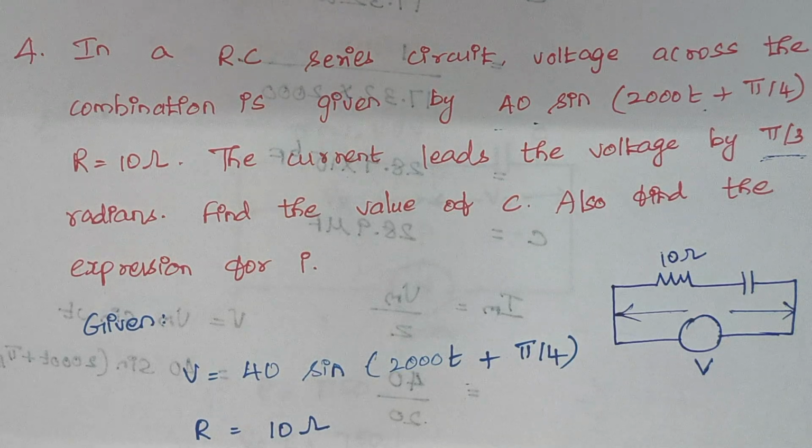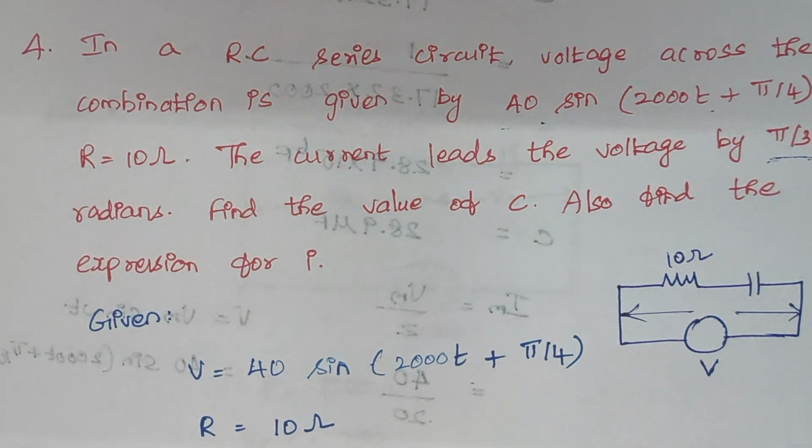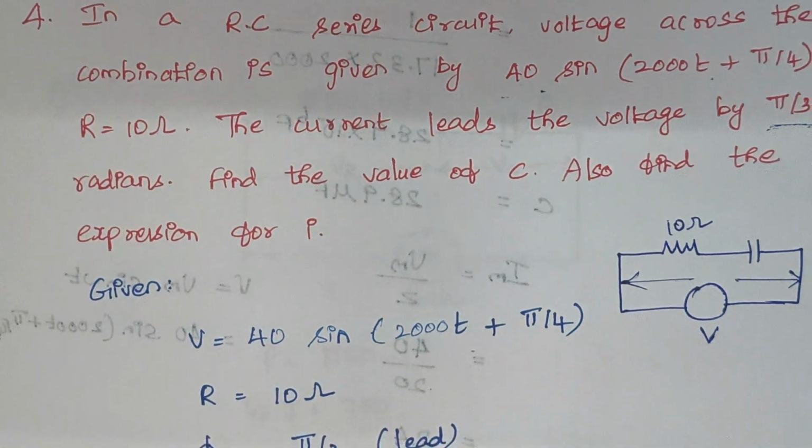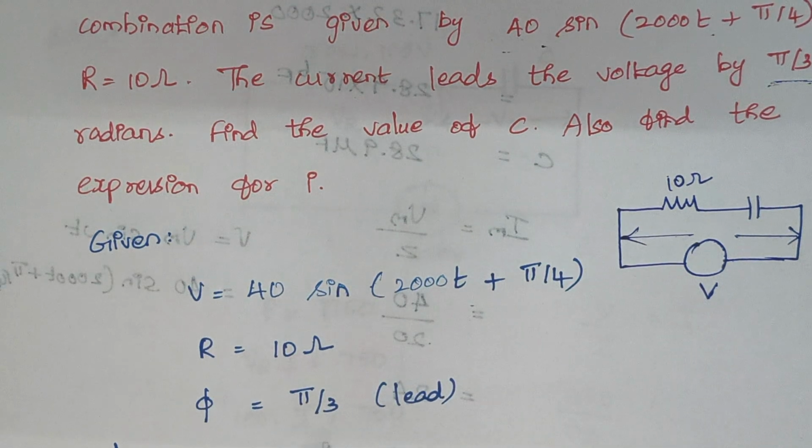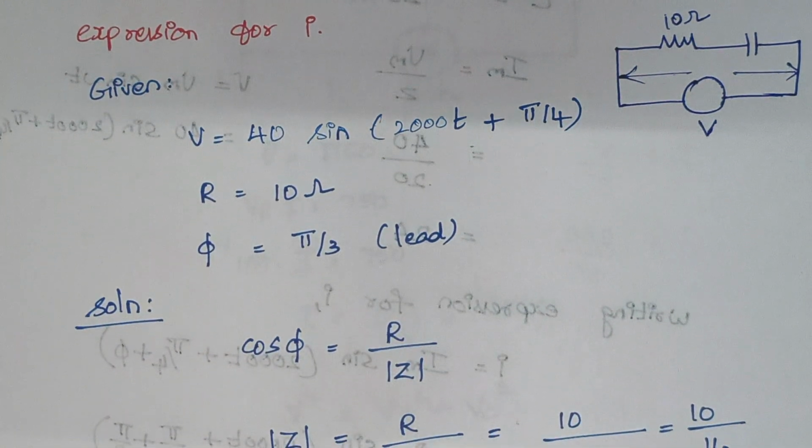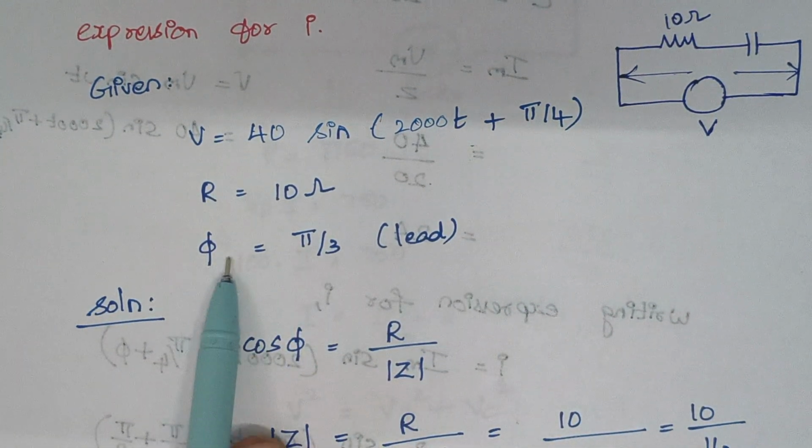So here the thing is, first write down the given data. Okay. Source voltage is given, resistance and phi is given. So to find the value of C, we should know what is XC. Once XC is calculated, then it is easy to calculate C. So for that, we are taking the cos phi as the main factor here because we know phi, right?